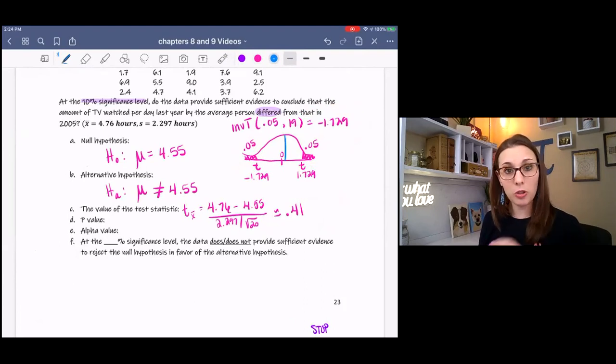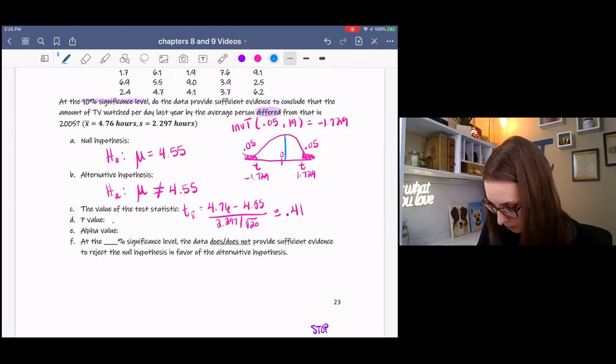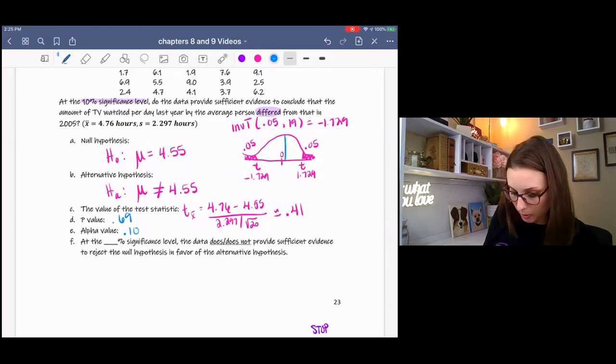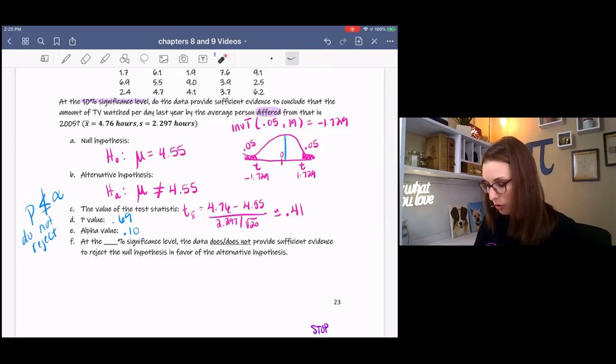Now, if you did not do the critical value approach, if you went ahead and did the t-test, then in your t-test from your calculator, you would find a p-value of about 0.69 with an alpha value of 0.10. And since p is not less than or equal to alpha, we do not reject, which goes along with the critical value approach.